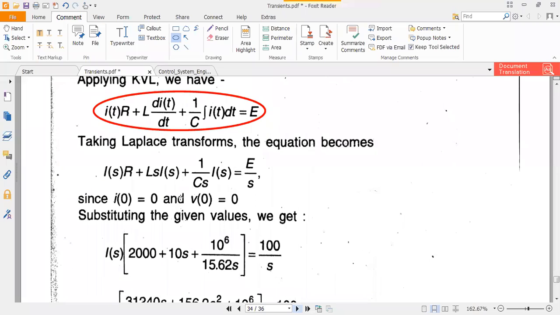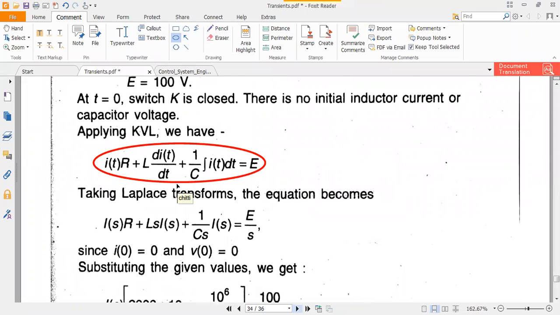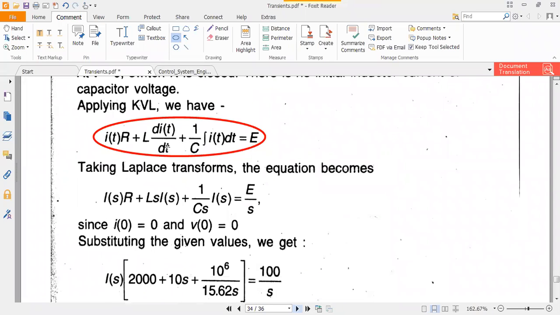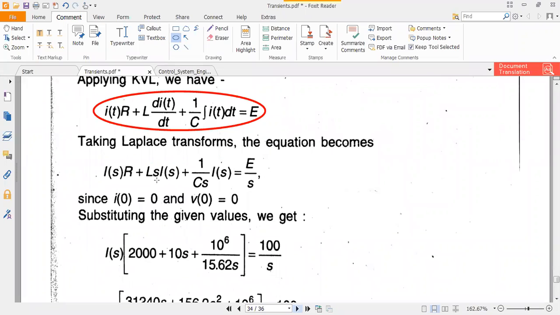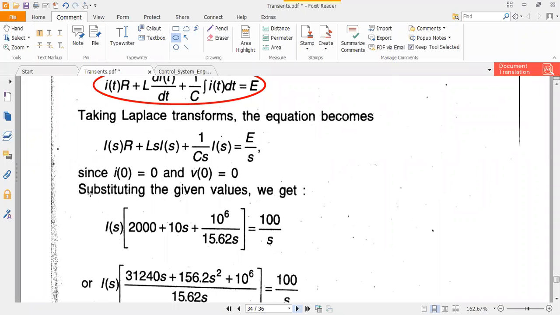Because here we are going to apply the Laplace transformation with the initial conditions, that is i(0+) and v(0+) will become 0. So then you will get the equation like this. Then here you can substitute the R value, L value and C value. Then you will get the equation like this.